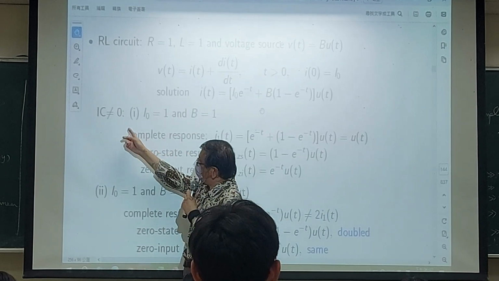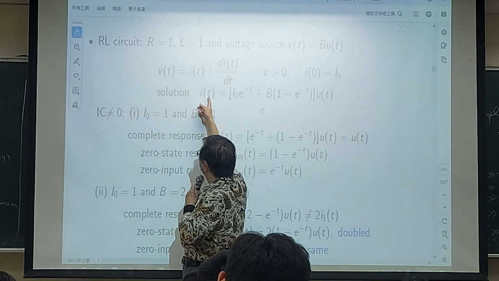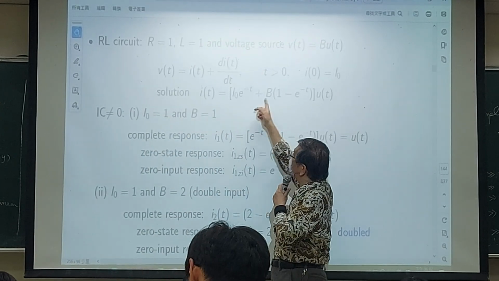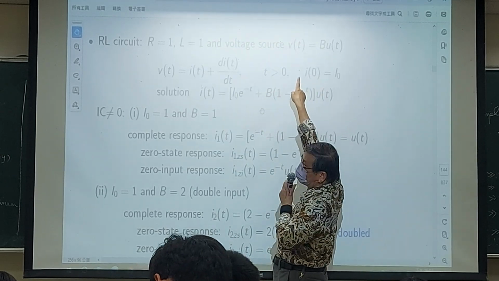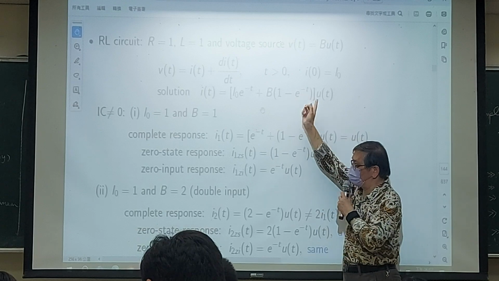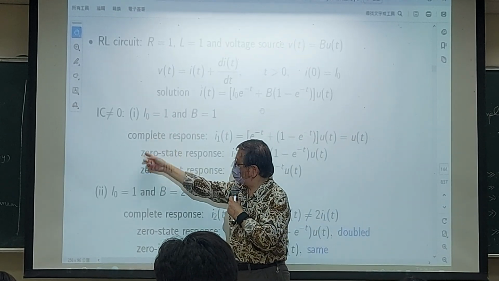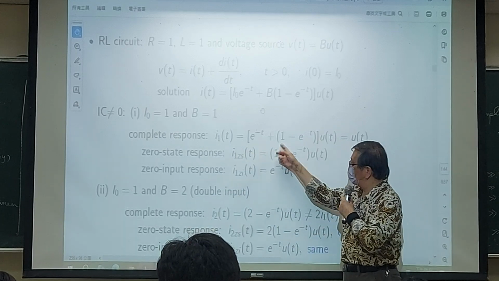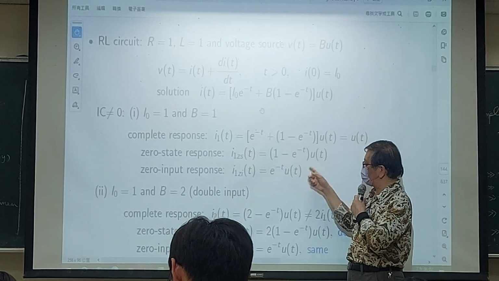Then we have some cases. If the initial condition is non-zero, for example, I sub 0 is 1, and also we have the input signal E is 1. The voltage source is the input signal. So we can see that for this condition, this is a complete solution, and it can be divided into two parts.